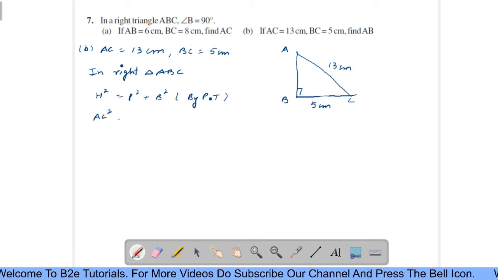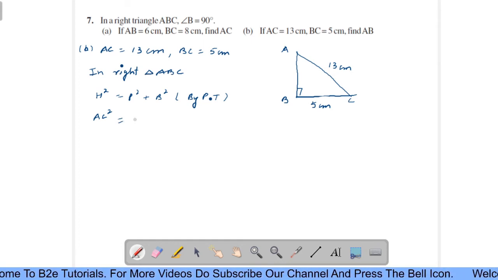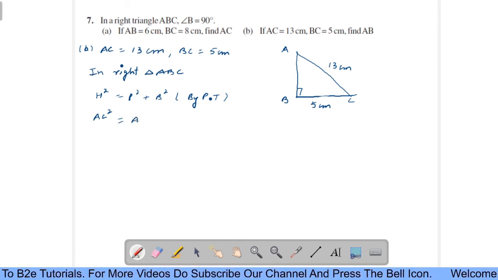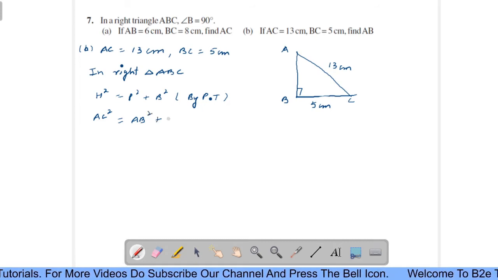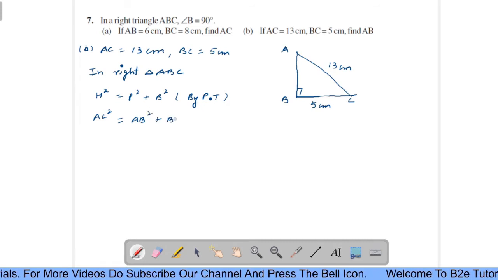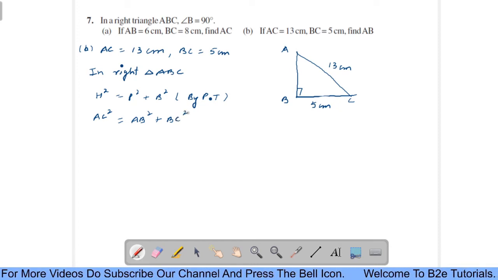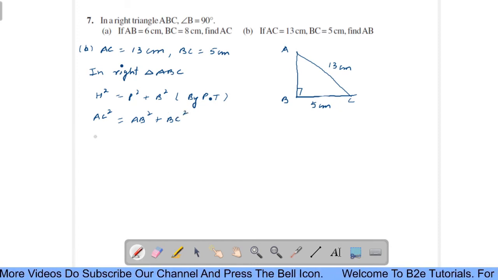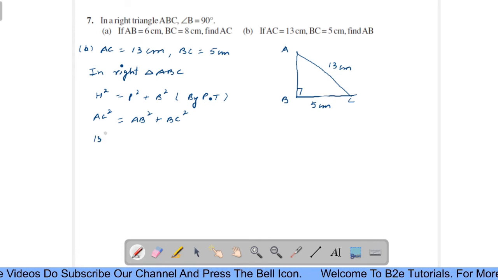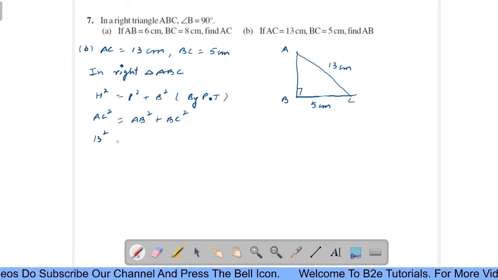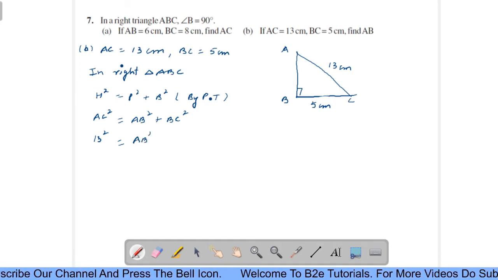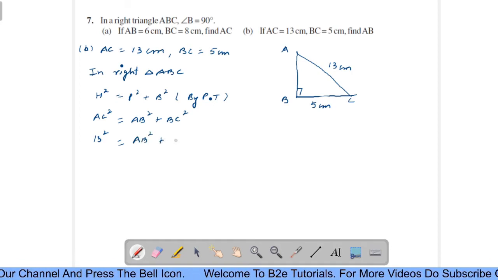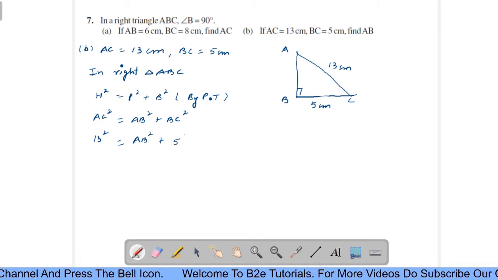AC square equals perpendicular is AB, AB square plus base, it is BC, BC square. Here AC is 13. Put the value of AC. It is 13 square. AB you have to find out. BC is 5. It is 5 square.